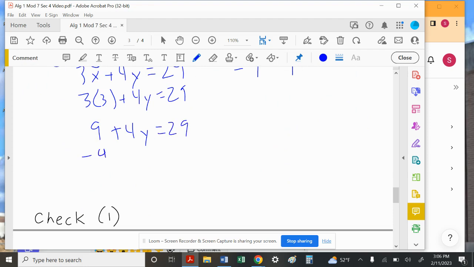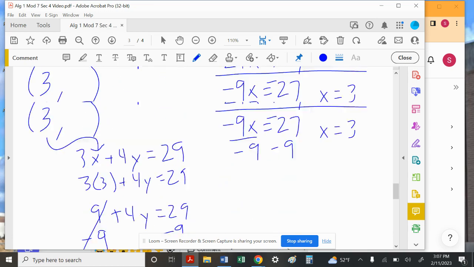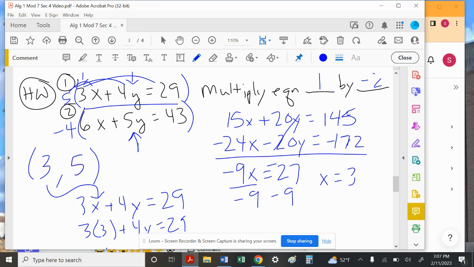Subtract 9 from both sides. Those cancel. I get 4y equals 20. Divide both sides by 4. And y equals 5. So y equals 5 is my other number. So the answer would be 3, 5. And I'm done. So that's how we do these types of problems.